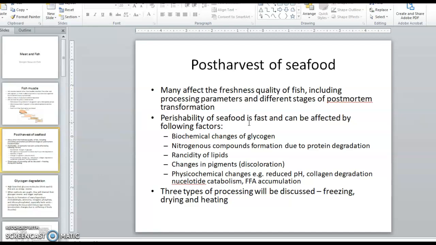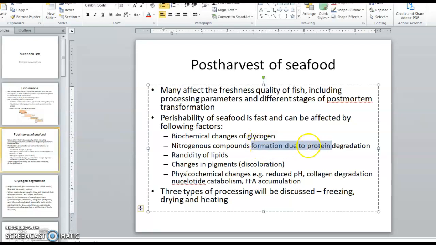The first one is biochemical changes of glycogen. The second one is the formation of nitrogenous compounds due to protein degradation. The third one is the rancidity of the lipid of the fish muscle. The fourth one is changes in pigments or discoloration.